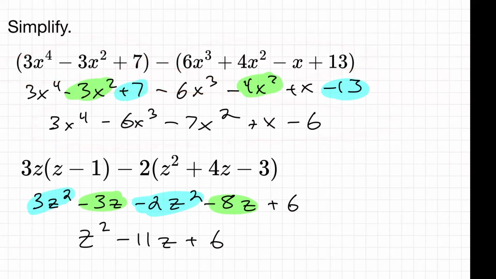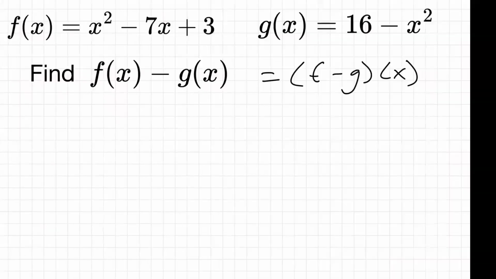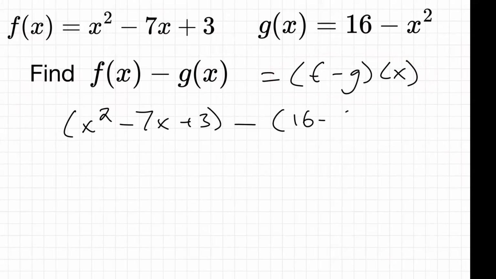It's its own function, right? Does everyone see that? But it's still a function. So we'll use special notation, but make sure you see that with this notation, it's still f minus g, which means make sure we put what function first? And when I do this subtraction, I have to remember, just as we talked about before, to put those parentheses. That's one thing that we want to stress here.